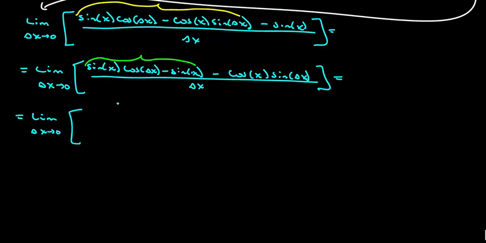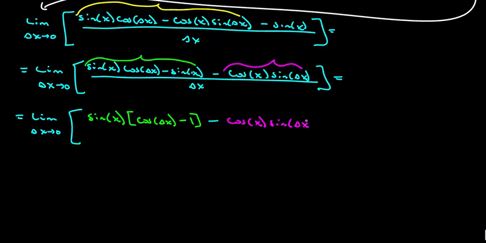So that, I'll do it in green here for you, is sine x times cosine delta x minus 1. And then over here, this guy I'm just going to leave the same, so it's going to be minus cosine x sine delta x. And now the whole thing is over delta x.